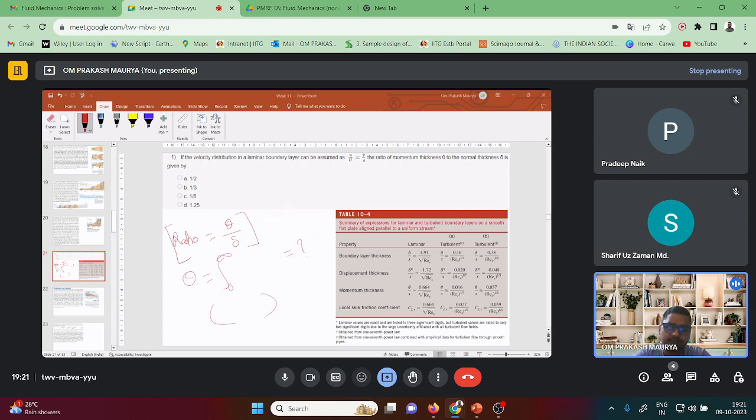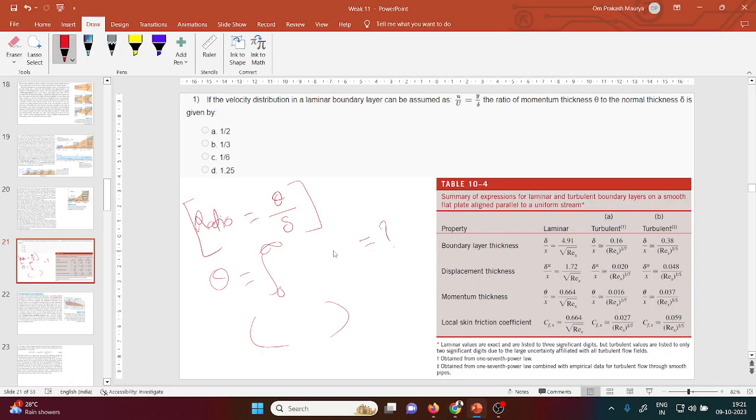Actually, the formula for the momentum thickness is theta equal to the integral of small u by capital U times 1 minus small u by capital U, dy.